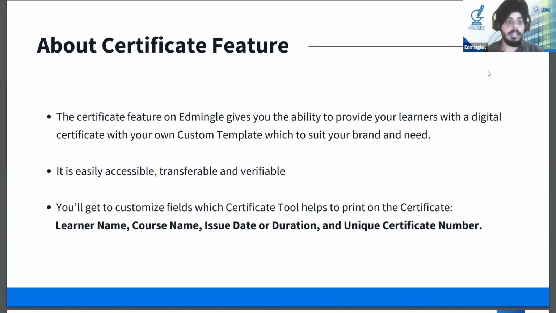We will add the placeholders or the variables on the certificate. We will convert it into HTML and send it back to you. So in that process, we will add the variables which print the learner name, the course name, duration and the issue date, and unique certificate number. Right. So this is about the certificate feature.